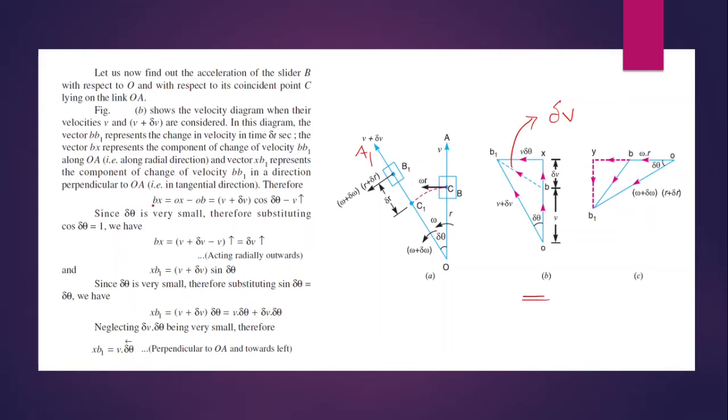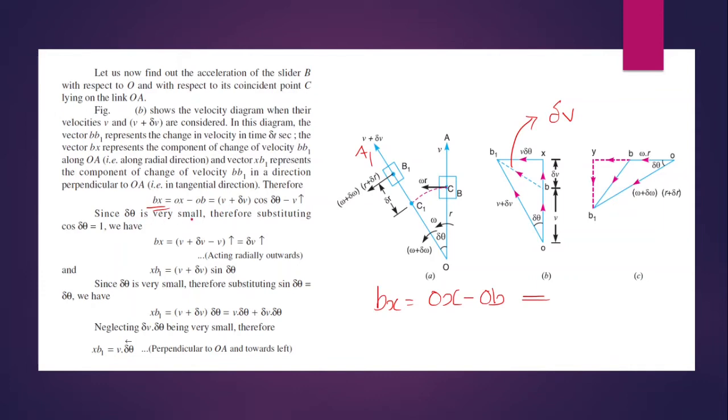From this triangle we can say that bx is equal to ox minus ob. Here ox is equal to v plus delta v cos delta theta, and this angle is delta theta. Then that minus ob, which is equal to v.